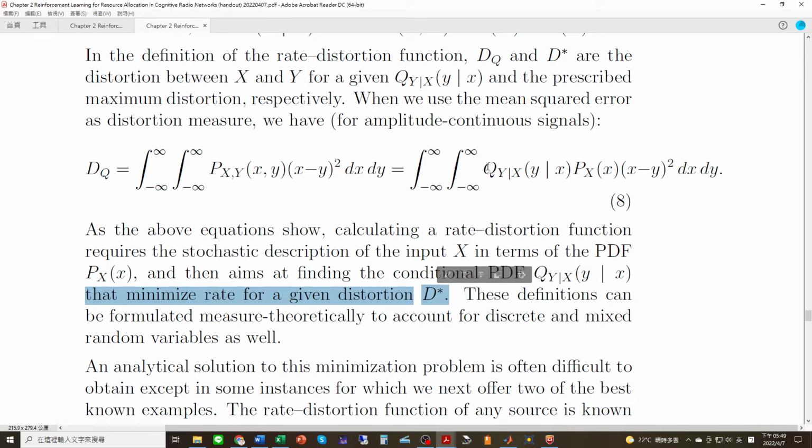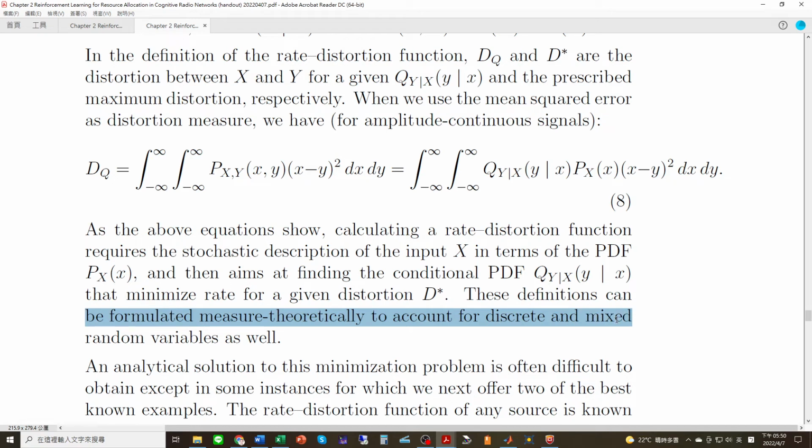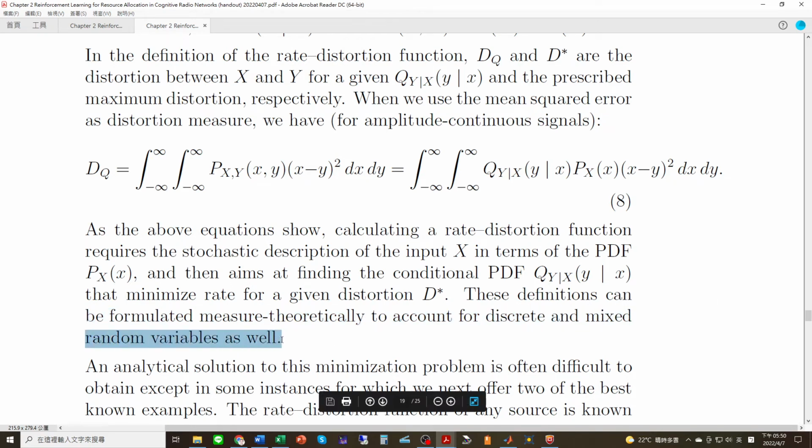That is, we need to find this conditional PDF. These definitions can be formulated measure theoretically to account for discrete and mixed random variables as well.